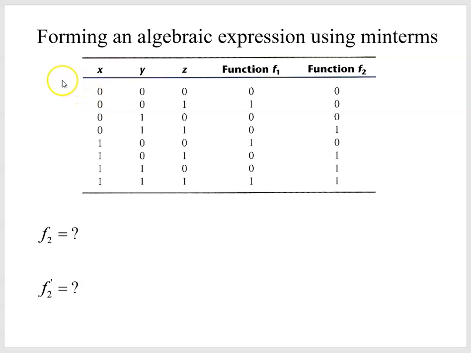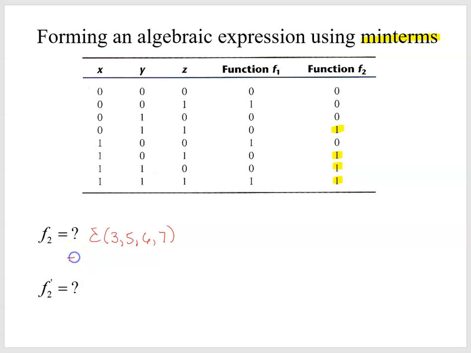So if we want to form an algebraic expression using min terms for each of these, you can go ahead and pause and try it. But we can write this for F2. For F2, it's min terms, right? So for the uncomplemented form of the function, we want to pick the ones. So that's equal to the sum of 3, 5, 6, and 7.